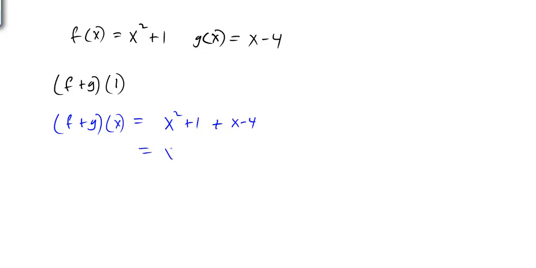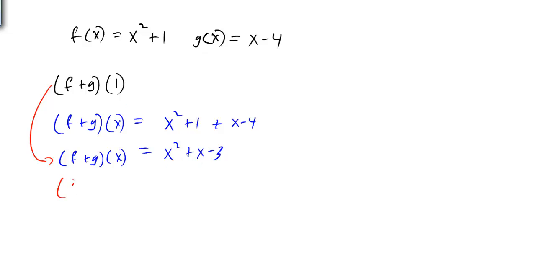And we would end up with x squared plus x, and 1 minus 4, we would have a negative 3. Now this here is f plus g of x. This is our function. Well, up here, we want to find f plus g of 1. If this is the function here, f plus g of x, then all we have to do now is plug 1 in for x.